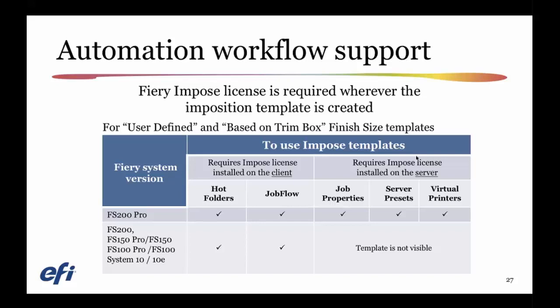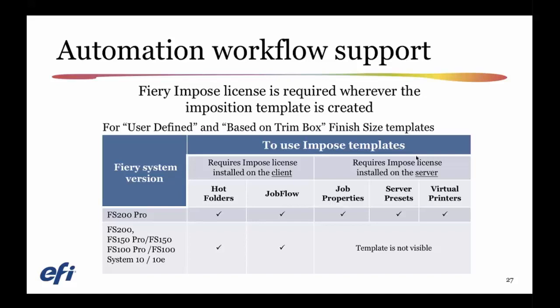One question says, just to clarify, JobMaster and Impose from 5 will work seamlessly on 6. Basically, when you install 6, there was a separate question: can you run 5 and 6 on the same client? No, you can't.